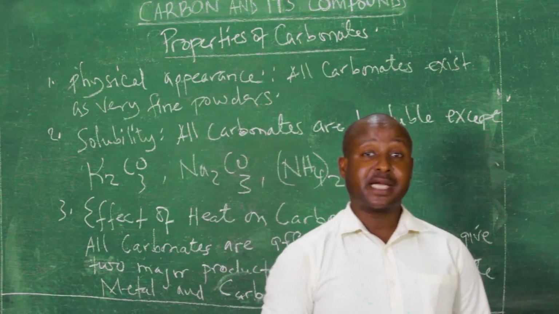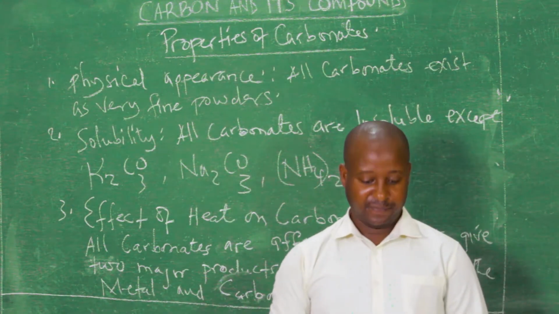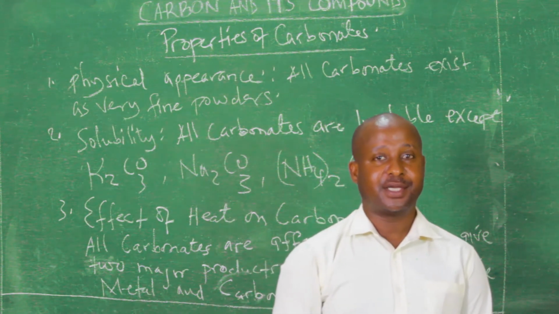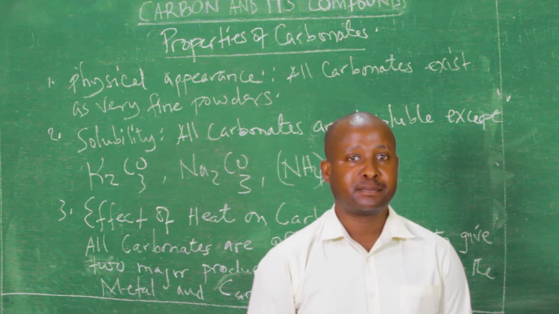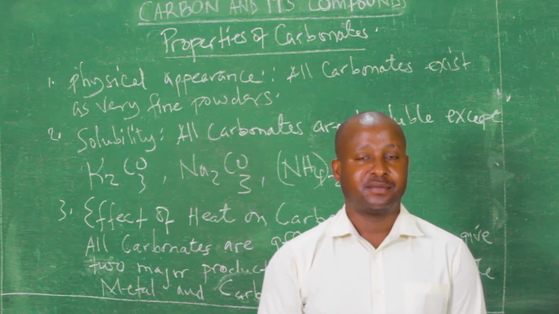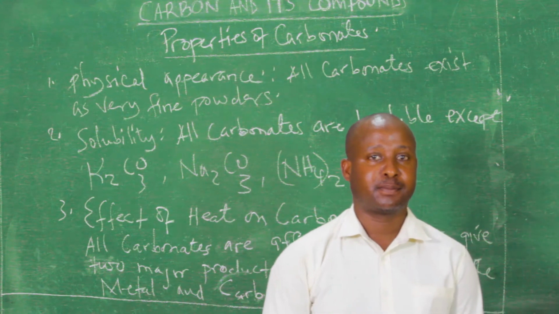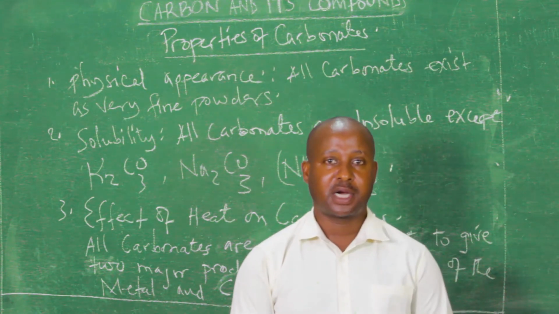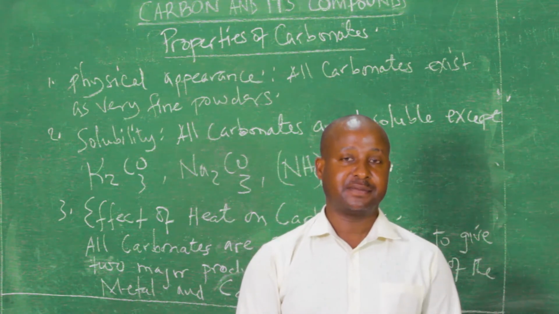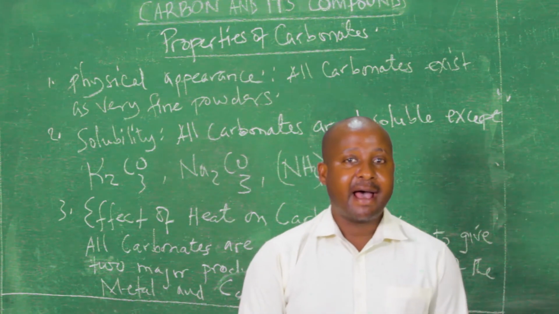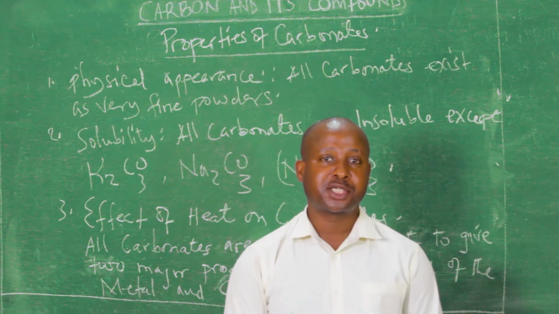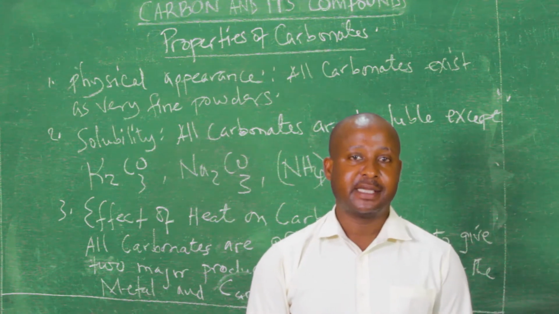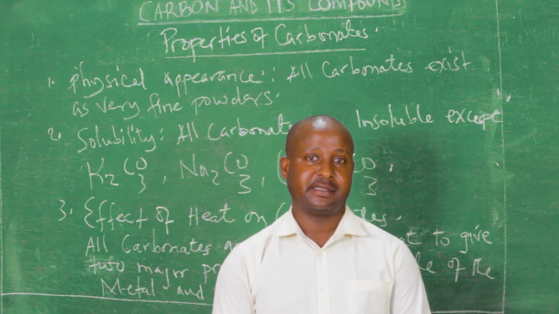There is something important we need to note. As we are insisting that all carbonates are affected by heat to give 2 major products, that is an oxide of the metal and carbon dioxide, on the other hand we have some carbonates that are not affected by heat.